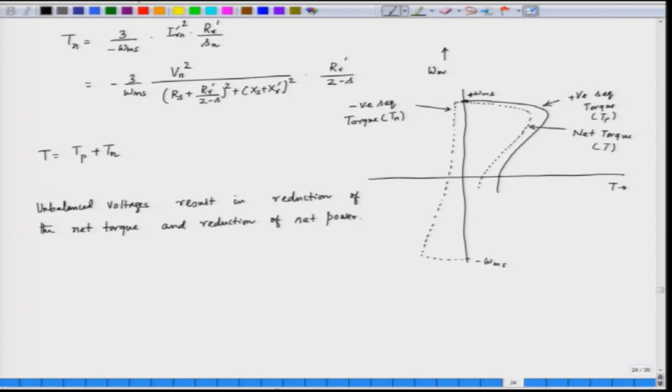This is what we can conclude by having this analysis.